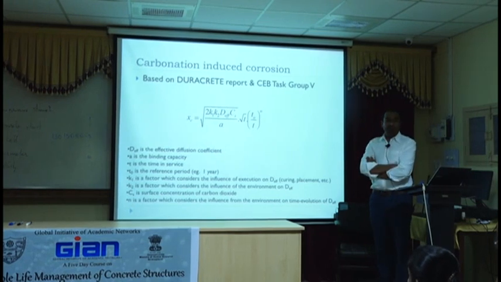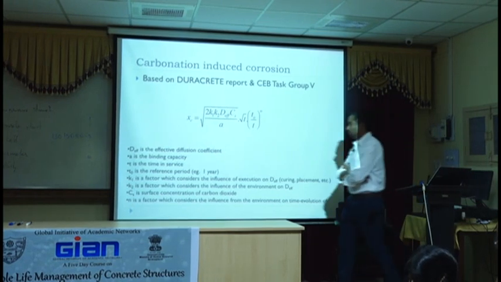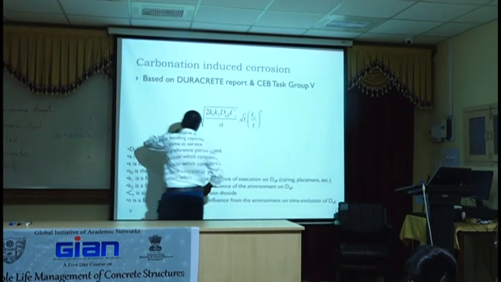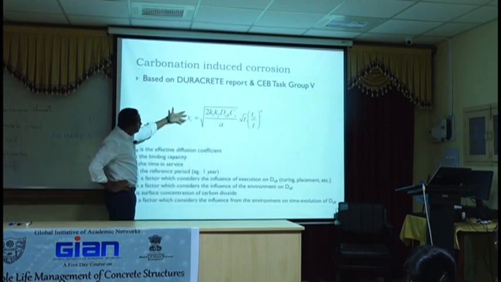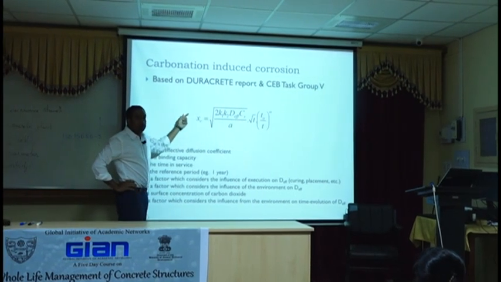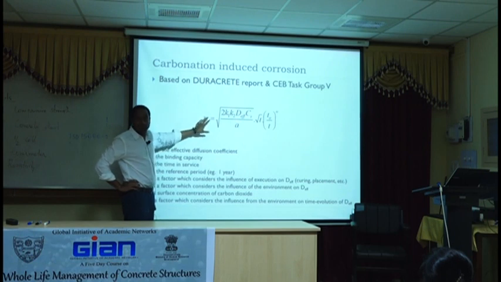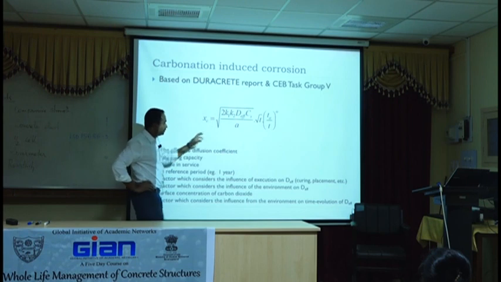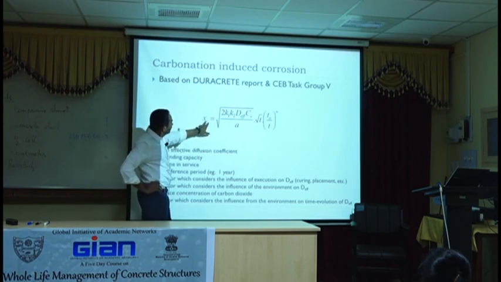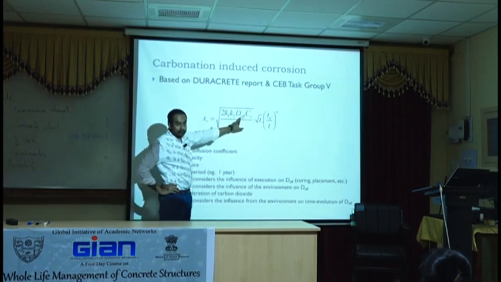This is your carbonation modeling. Okay. So according to this equation, the depth to which the concrete will carbonate, XC, is related to, I'm happy to share this folder, this PowerPoint, okay? I know I have to send you the Word document as well, but I'll send this in. The depth of carbonation XC is related to the square root of the diffusion coefficient.